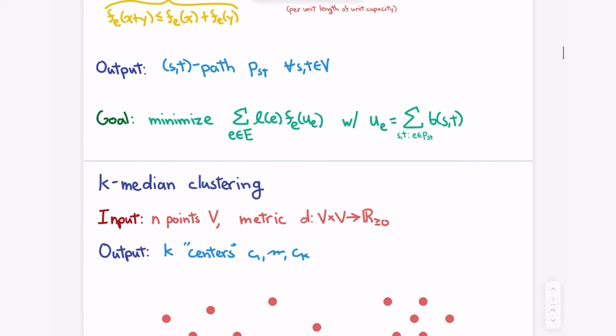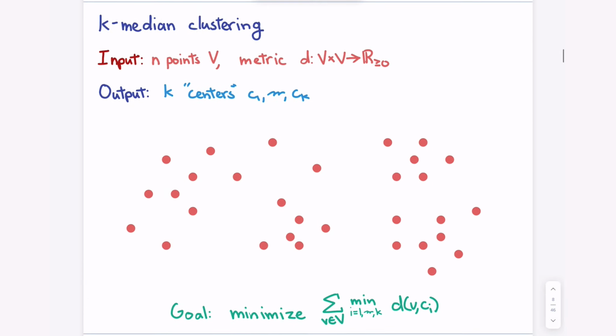Now, let me give another example. This one you've probably seen before. So k-median clustering. You're given some points in a metric space, and you want to find k centers, say 4 of them. You assign each point to the center you choose.